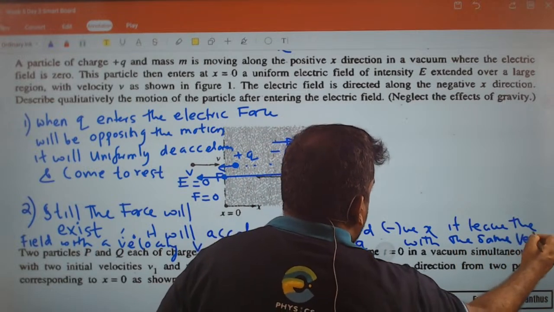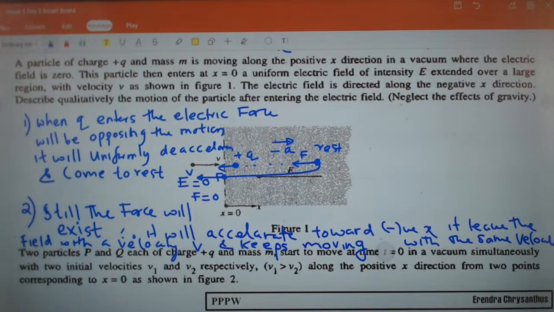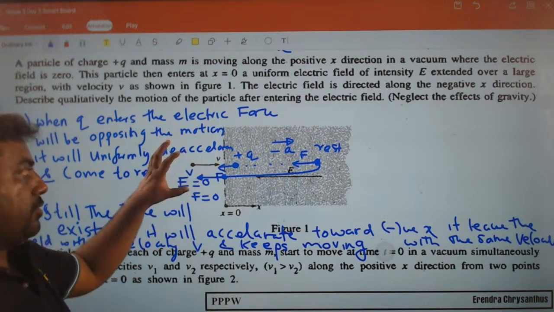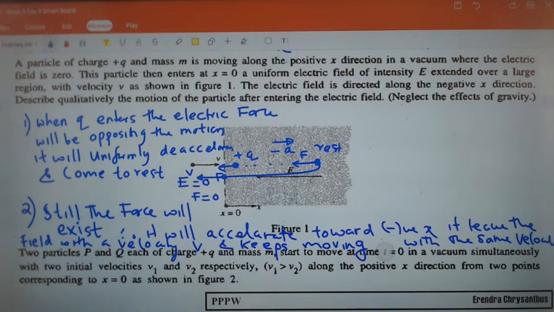So what happens is very simple. Decelerate, come to rest, turn back, accelerate, come out, force is 0, traverse with a constant velocity. Right. So basic motion you can see.